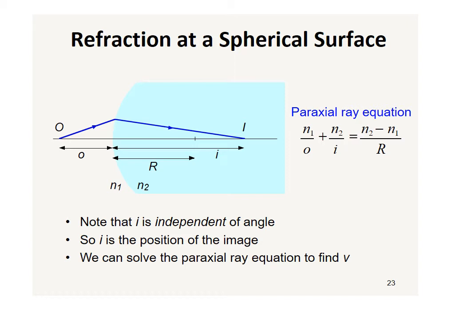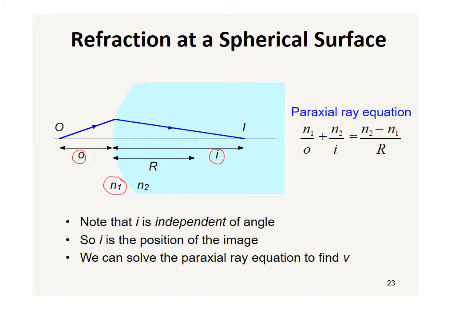Okay, so when you chunk through that, applying Snell's law and making approximations for small angles and small distances and stuff like that, what you can find out is that this distance o and this distance i from the vertex to the object and the image can be related by this really simple equation. So remember that we've got different refractive indices on either side.